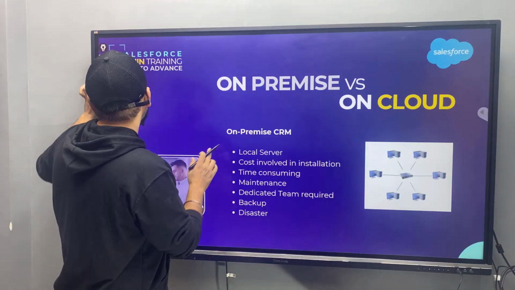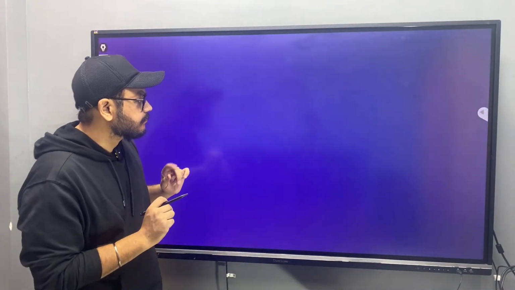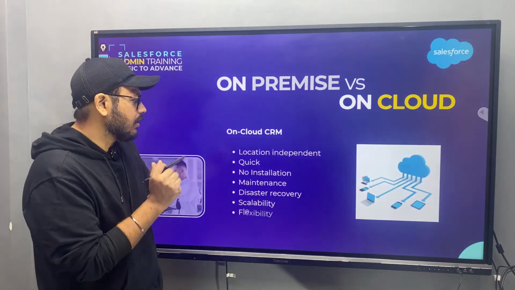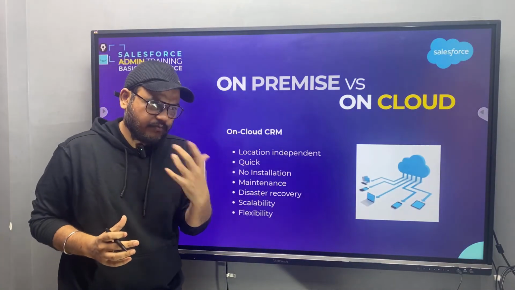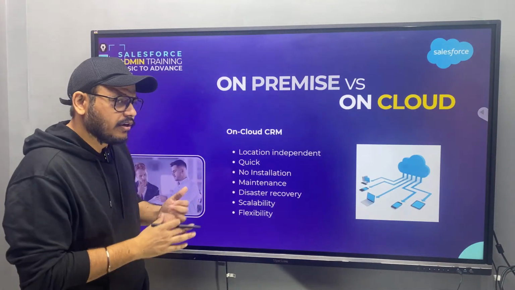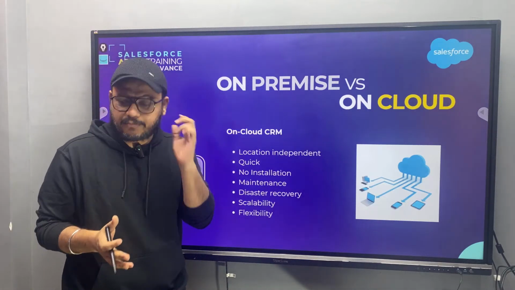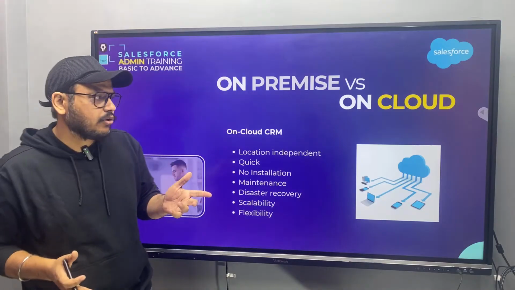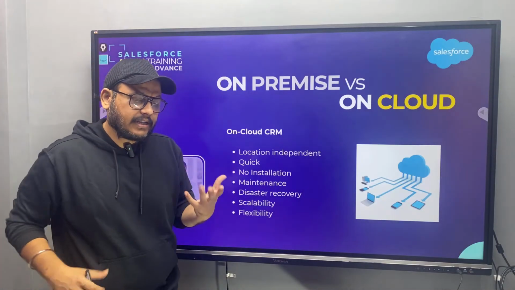Now, the next one that we have is the on-cloud CRM. Now, on-cloud CRM comes with a lot of benefits. So first of all, you are not required to basically maintain anything. It's pretty similar to the Google Drive example. Again, I'll go into that.